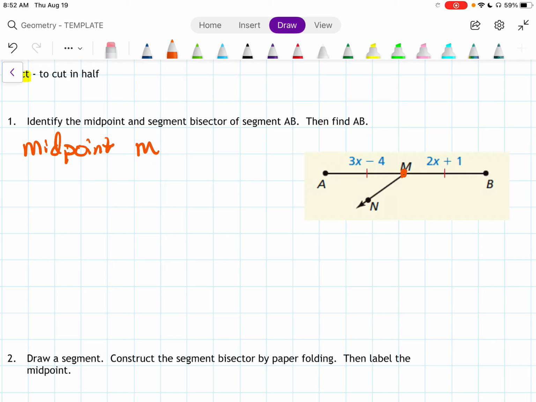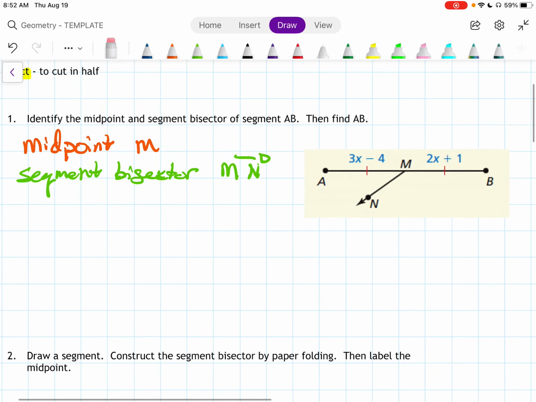The segment bisector is the thing that cuts it in half. That's going to be this ray here, ray MN. All right?